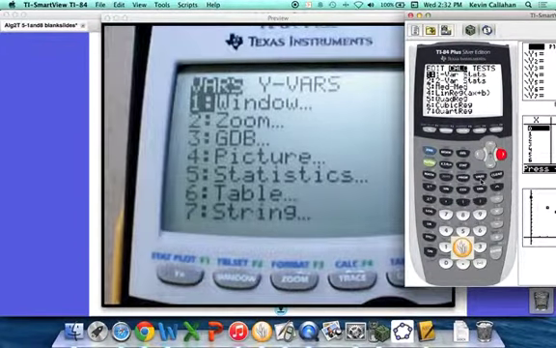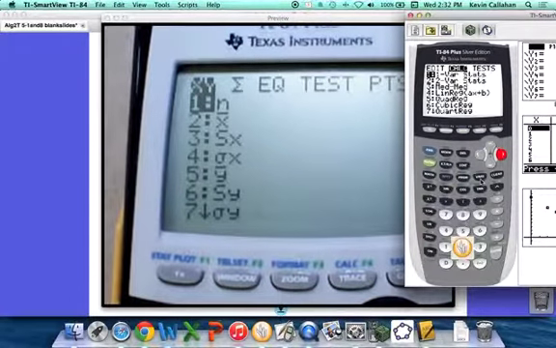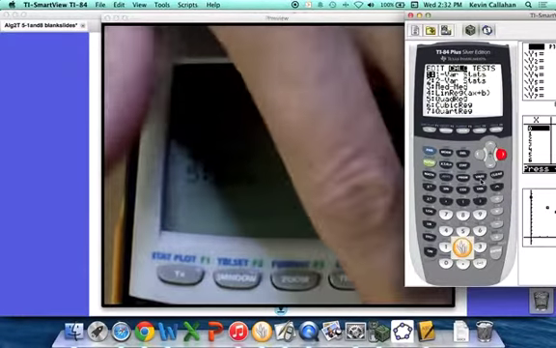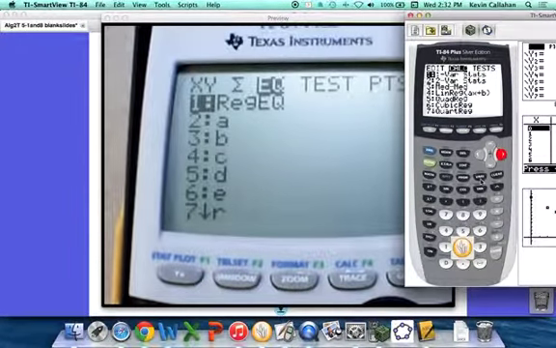In the menu, the fifth one down says statistics, so you hit 5. You don't want this one; you want the one that says EQ for equation, so go right arrow so that it's highlighted on EQ.